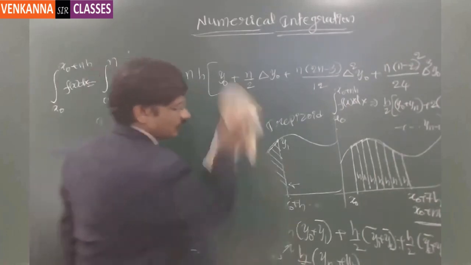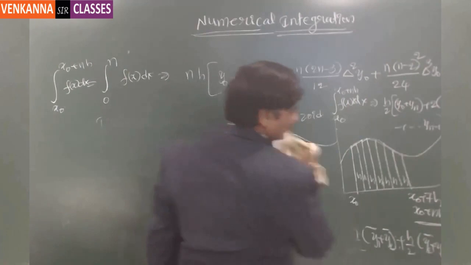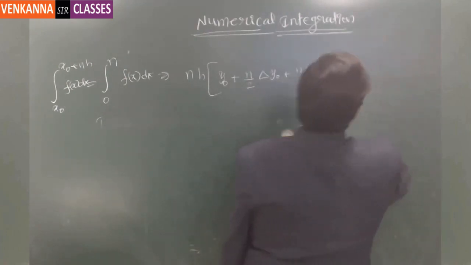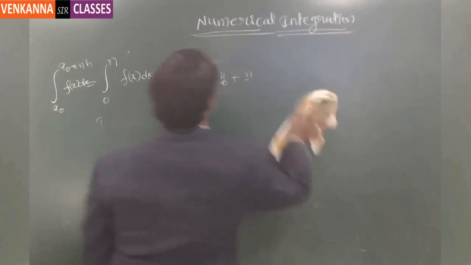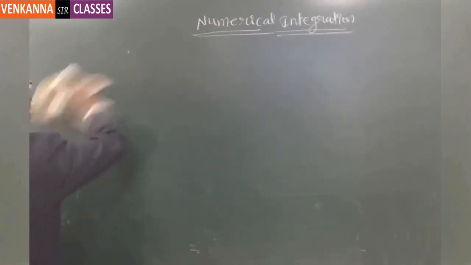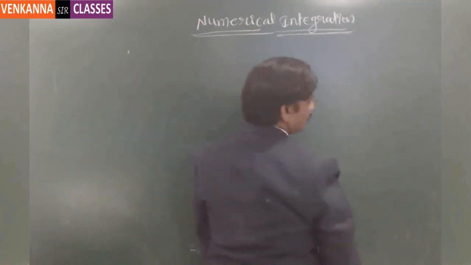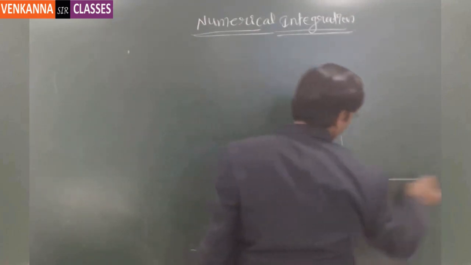Now the second rule, which we call Simpson's 1/3 rule. Here what we are trying to do is approximate with a parabola rather than a trapezium. By that you will be able to better approximate the area, even if it is a curve.